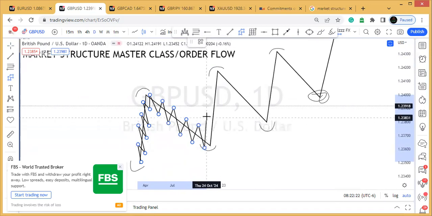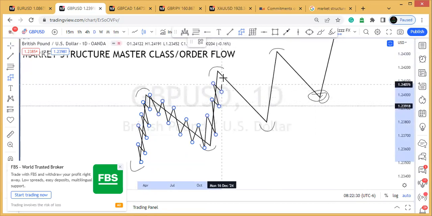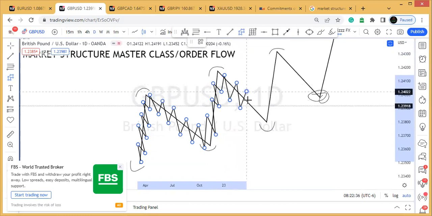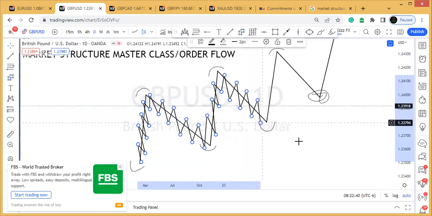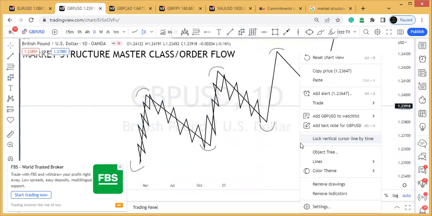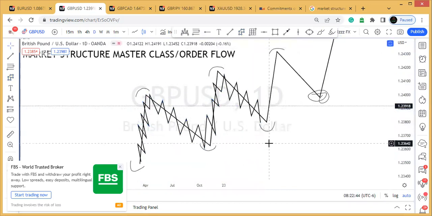Then at the point where you have your change of character again, price begins to go up. At the point where you have your break of structure, you expect price to come down. And like that, you keep on having scenarios like this.